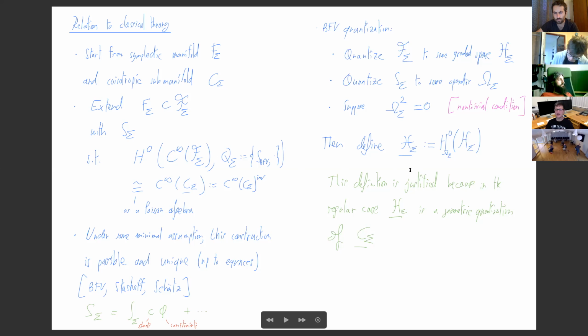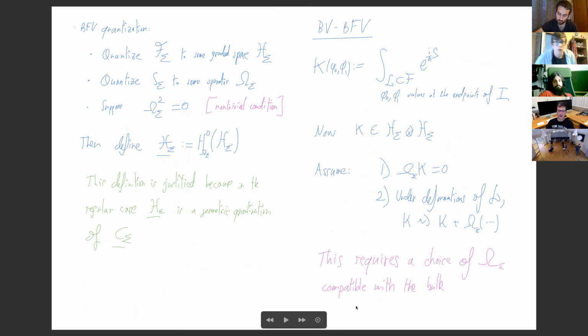Again, the reason is that in good cases, we know that this classical cohomology is the Poisson algebra of functions on the reduced space. And in good cases, this quantum cohomology is really a geometric quantization of this reduced phase space. Okay, but now we want to extend it to the general setting. So this becomes now the definition.